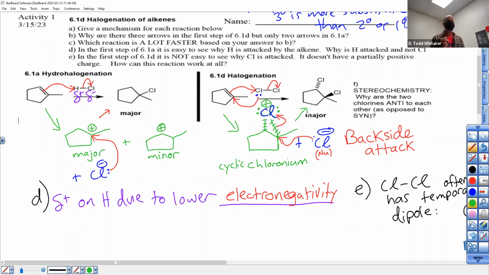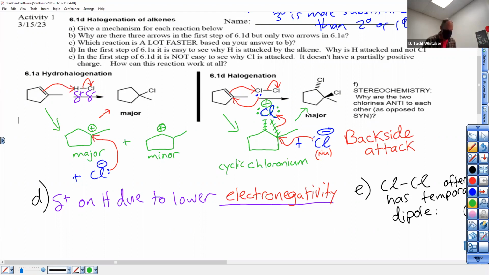Isn't the new bond to chlorine on a wedge? Now, the reason it had to come from the backside is these right here in this bond are electrons, right? Chloride is coming in with electrons. Do you think electrons want to come in from the front where there's already electrons? No, they're repelled by that. It wants to get as far away from those electrons as physically possible. So it comes in from the backside.